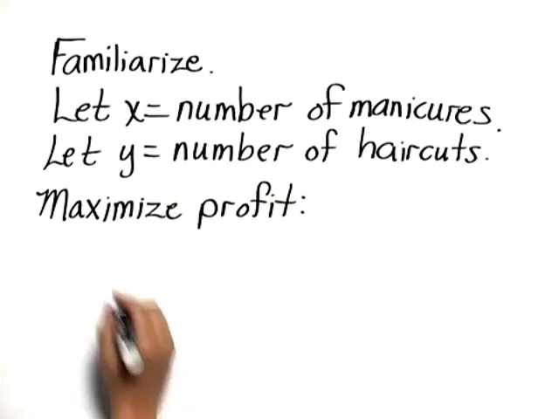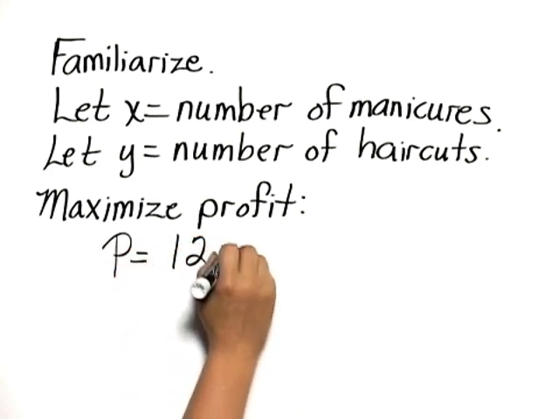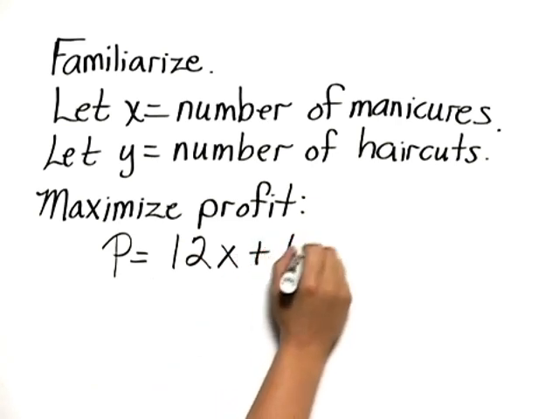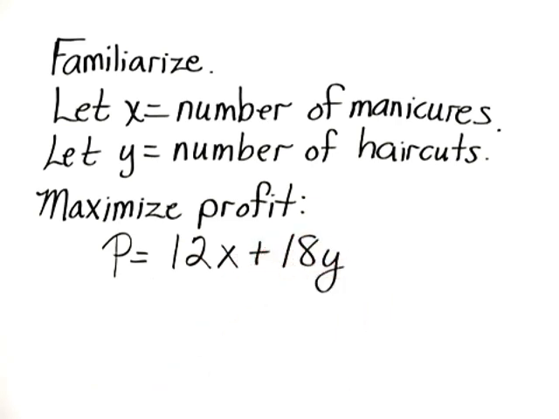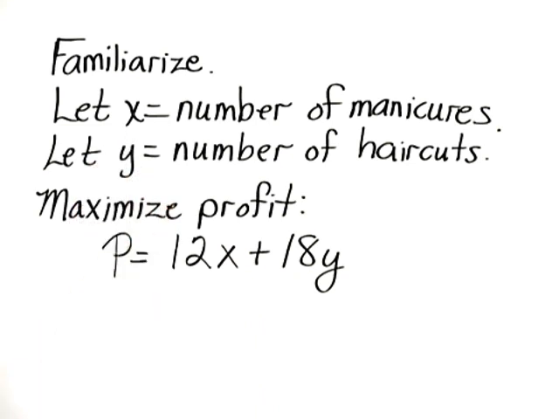So the profit would be P equals 12X, $12 times the number of manicures, plus 18Y. That's 18 times the number of haircuts. So that's 2 parts we have. We have the variables and we have our objective function that we want to maximize.